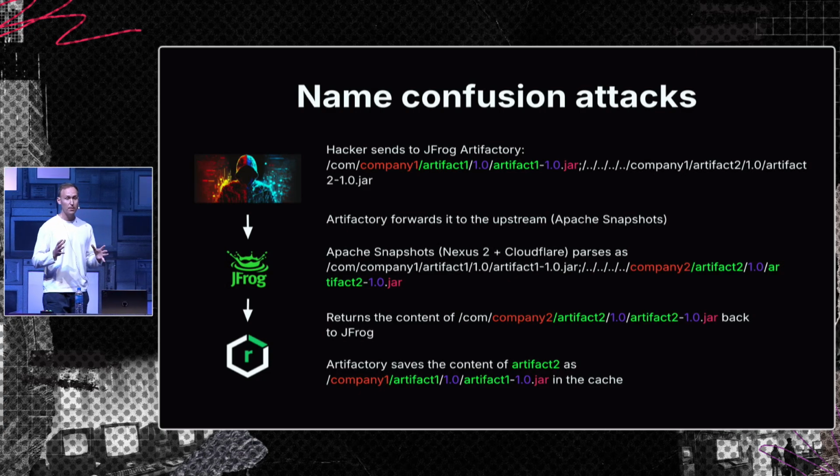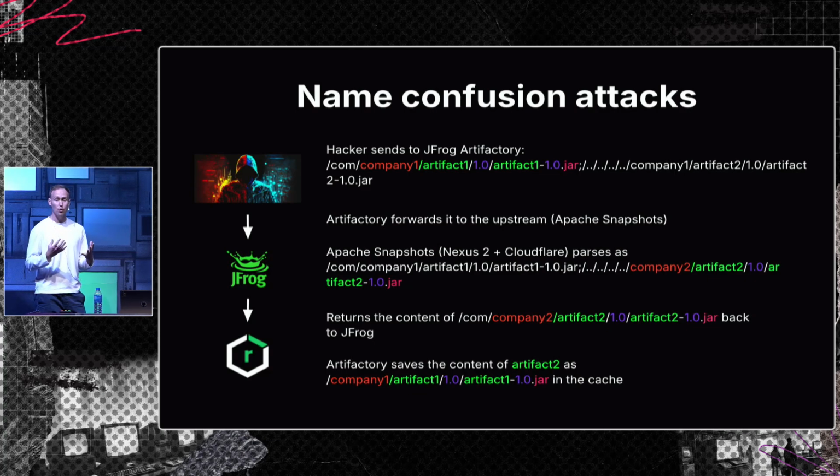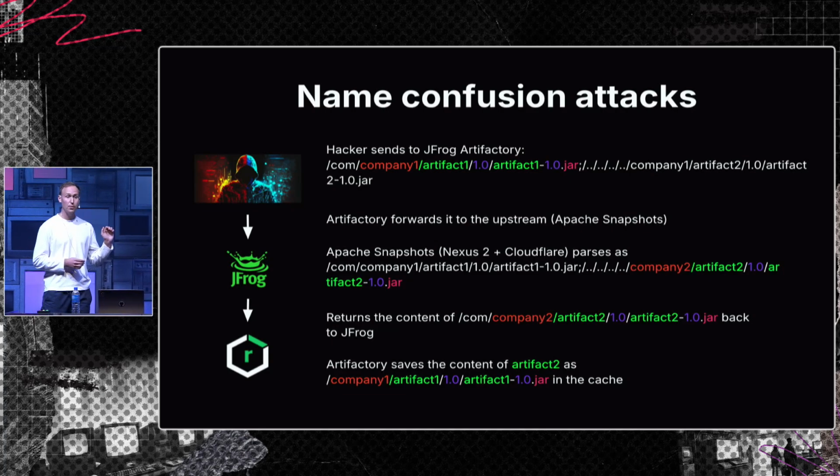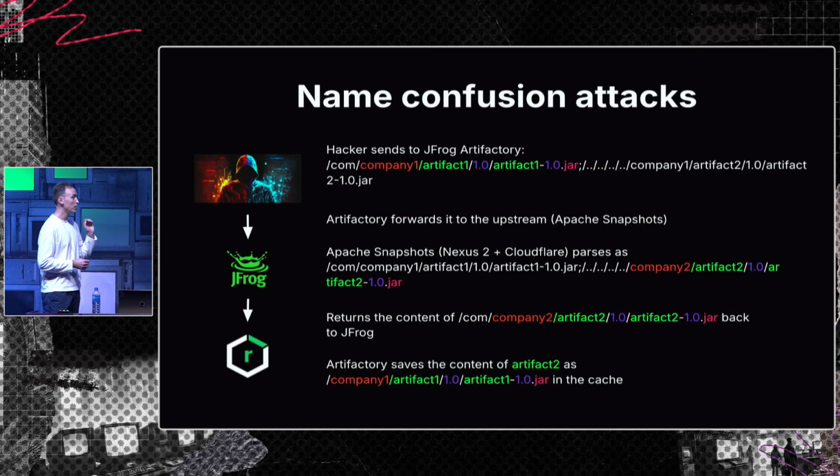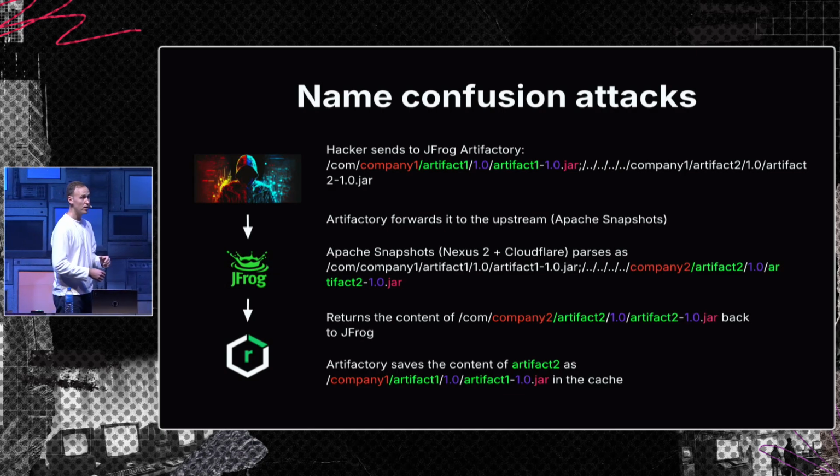And if we talk about Maven Central, it is built around the idea that you can publish your own package into it, but you cannot replace any other packages that belong to other users. But this type of attack completely breaks this assumption, because using this attack, you can actually publish any artifact into Maven Central and then save it as a completely different artifact on JFrog Artifactory.